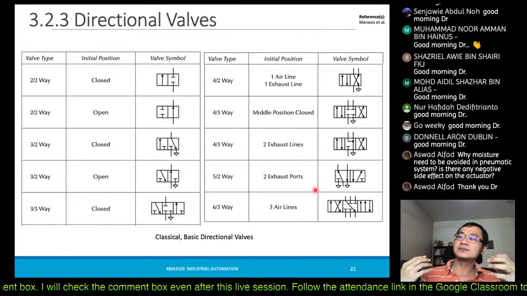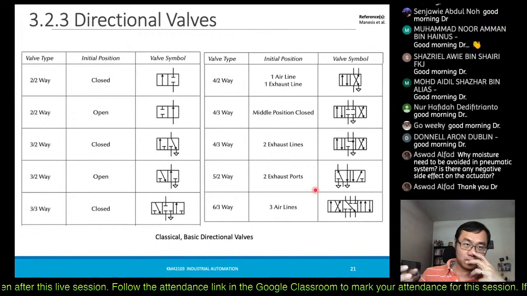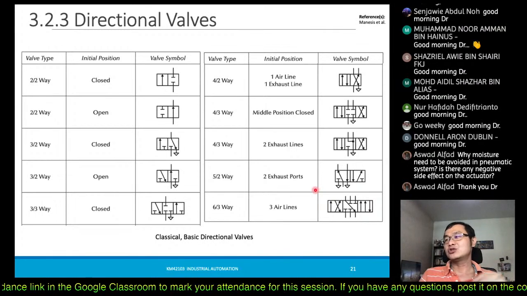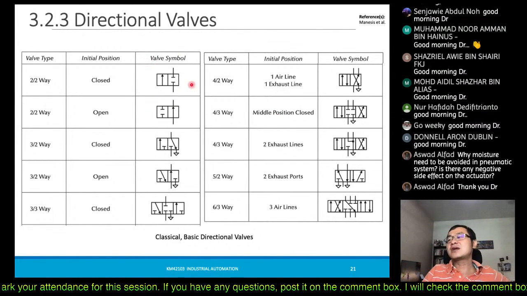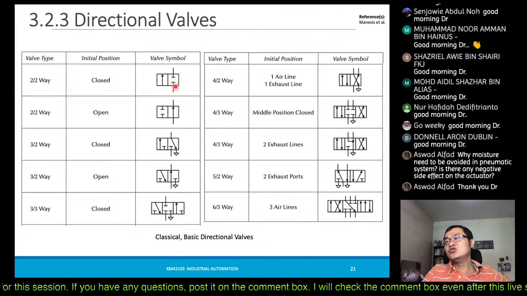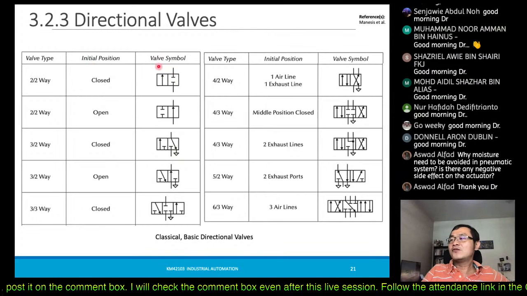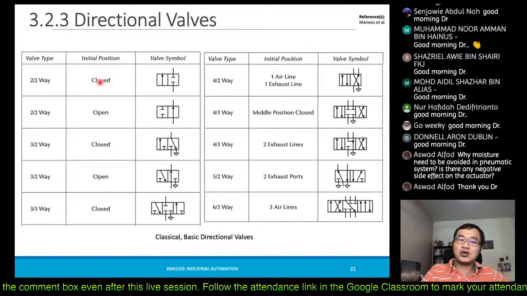So these are the common valves that we usually use, okay, and they can do wonders for controlling, right? Then when we present this in our diagram, all this represents the normal or initial positions, okay? If we present it in this way, it means initially it is always closed, okay?